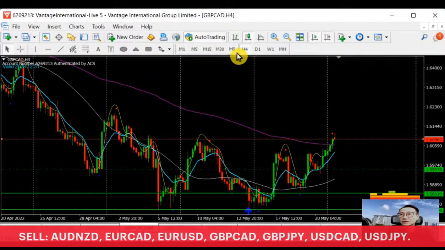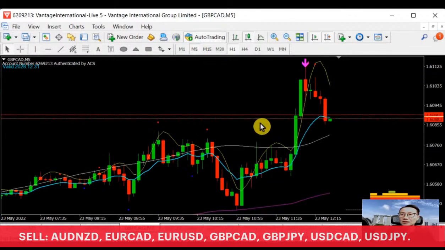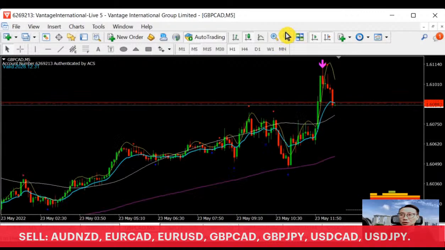Let's take a look. In H1, are we forming a selling candle? Yes, looks good. Now look carefully. The candle came down to meet the resistance. When the candle came down to meet the resistance, the previous resistance also becomes a support.